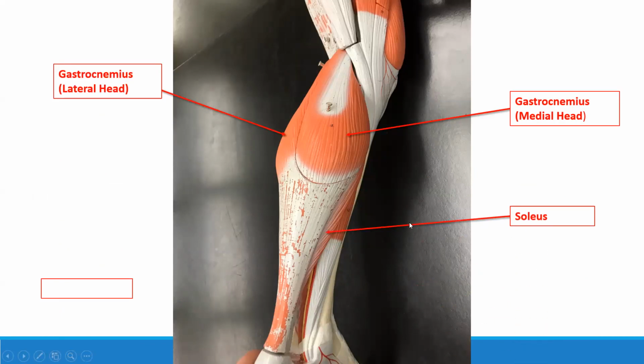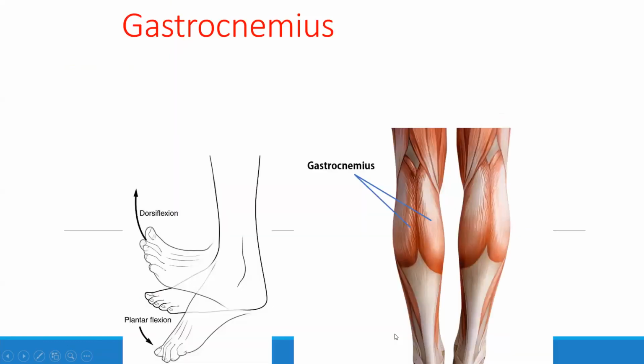There is our soleus tucked underneath, and there is our Achilles tendon or calcaneal tendon, and it inserts on the calcaneus. And what it does is allows plantar flexion. When it contracts, it elevates our heel. Our heel comes up. Our leg flexes.